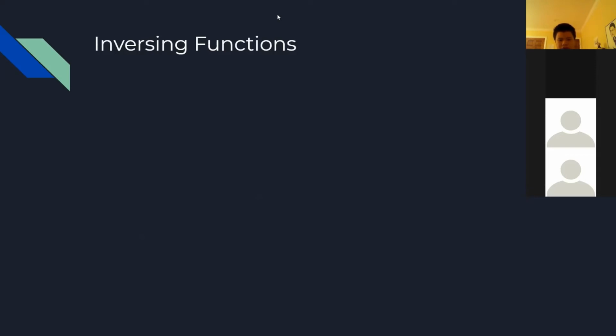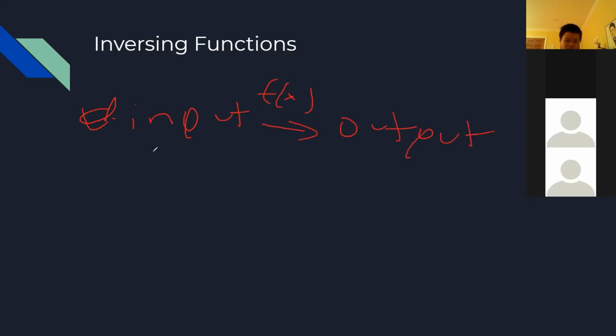So, inverting functions. We have the input to output, which we'll call f(x). Now, what if there was a function f minus 1 of x such that any output of f(x) goes back to its original input?